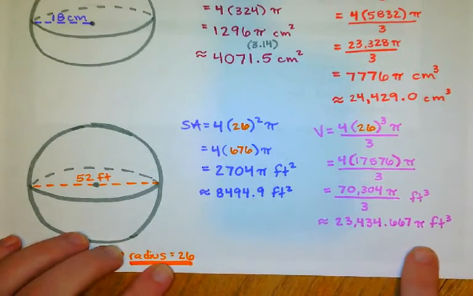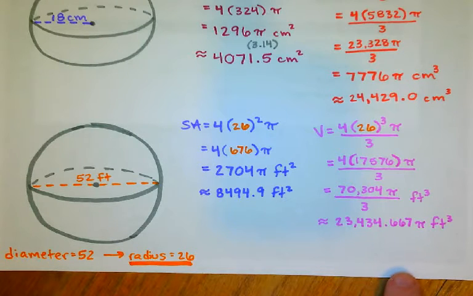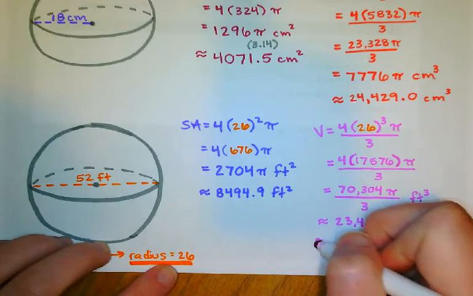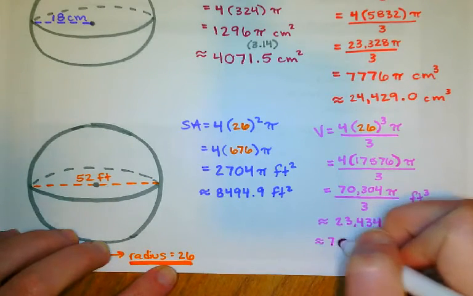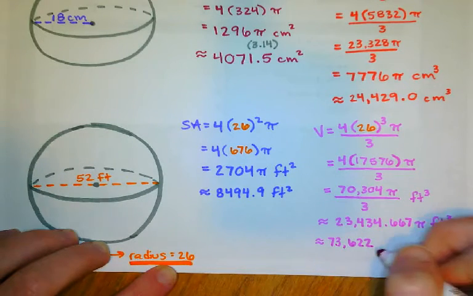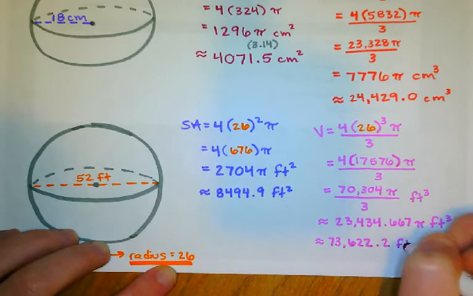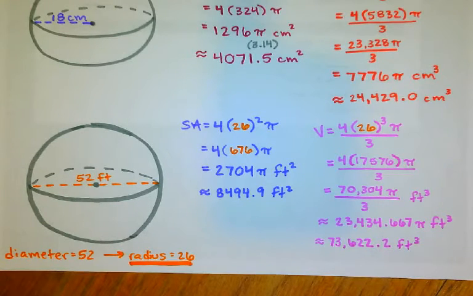And then if we plug in pi, take this big number, and we get 73,622.2 feet cubed. Alright? So, if you get a decimal when you divide by 3, that's okay. Don't freak out. Alright? I'm going to show you one more example where we work a formula backwards, and then you guys should be good to go.